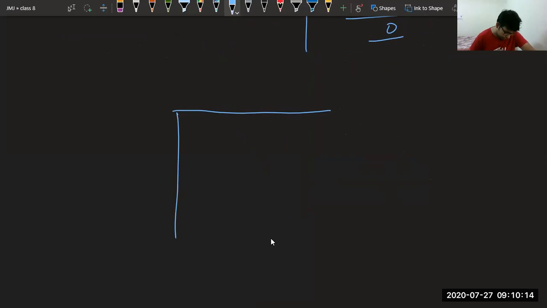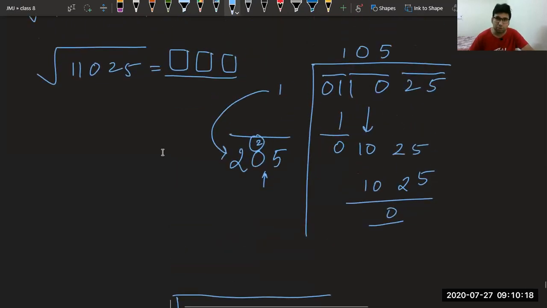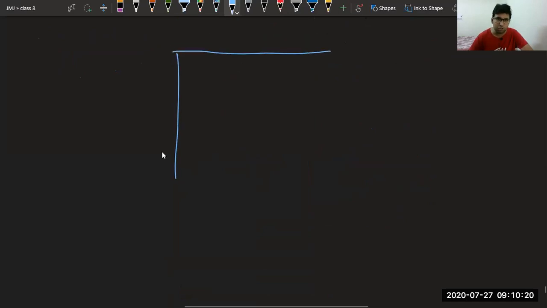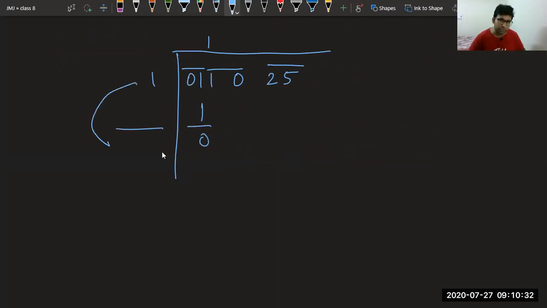Okay, again I'm repeating. The number was 11025. We have to make pairs like this. First pair is 01, so we have to take 1 only. We have got 0. Twice of 1, that is step number 2, is 2. Now we have got 10.